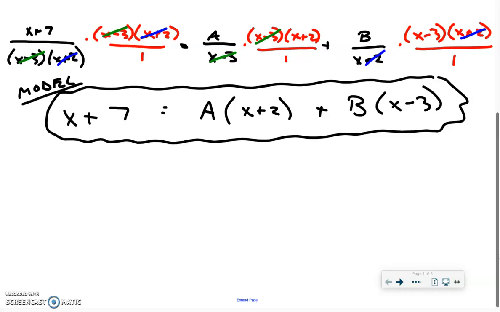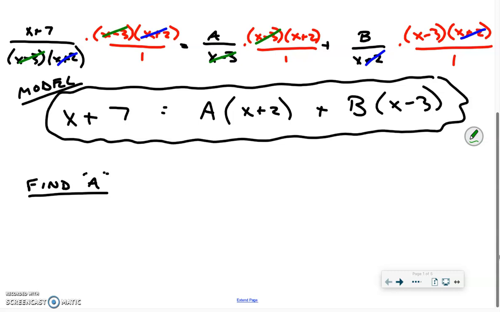Could we solve this using systems? Yes, we could. It's not going to be, in my opinion, our best option. There's a much faster, more efficient way. All right, let's go ahead and think of it this way. We want to find A. Nothing's really saying that we have to start there, but if we wanted to find A, what would happen?